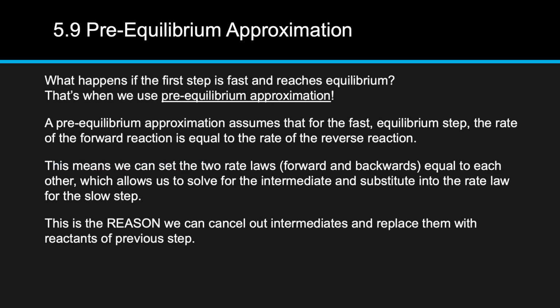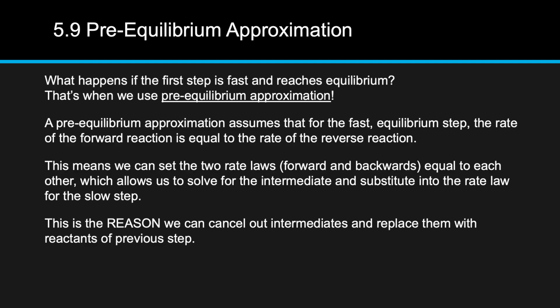All right, so what happens if the first step in your mechanism is fast and reaches equilibrium? Well, that is when we are using the idea of pre-equilibrium approximation. Now, all of the steps we've learned in the past are still applicable here. The reason I am teaching you this is to explain why we can use those sort of shortcuts.